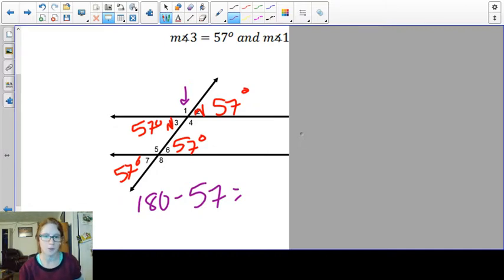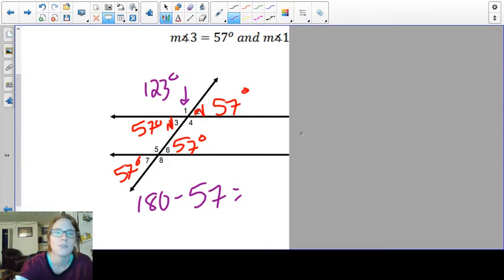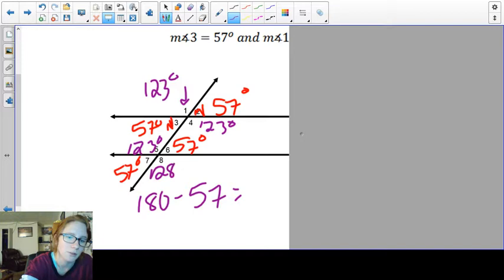Which gives me 123. That's what I thought, but I wasn't sure. So if this is 123, angle 4 has to be 123. Angle 5 has to be 123. And angle 8 has to be 123.